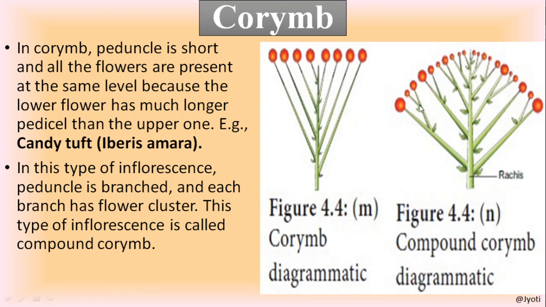The branches which are present towards the lower side have more length, and the branches towards the upper side have less length. That's why all the flowers and the floral branches seem to be present at the same level, and this is called compound corymb. Simply we can say, when the peduncle of the corymb is branched and bears the flowers arranged as in the simple corymb, then that is called compound corymb.